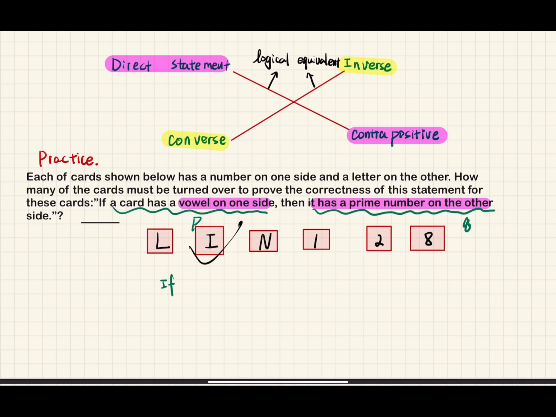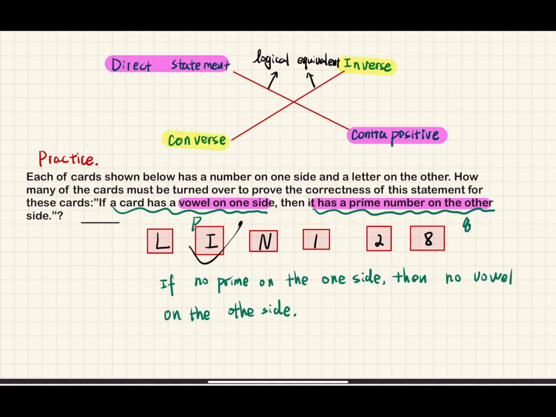So if no prime on one side, then no vowel on the other side, right?